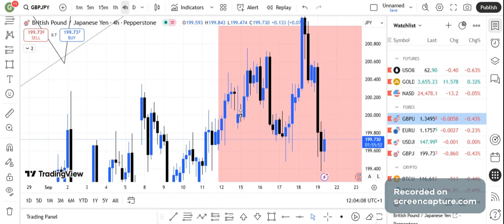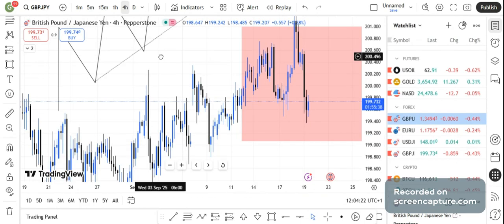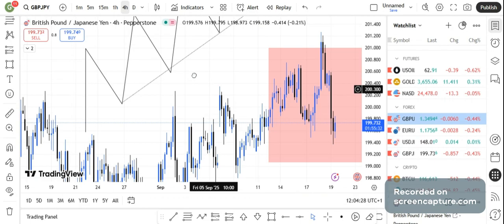Now, always remember that an uptrend does break out from its highs. This is an example of an uptrend.